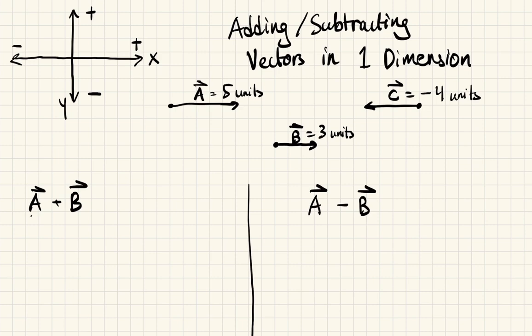Here I have written out the vector a plus the vector b, and the vectors are drawn up there, a, b, and c. Vector a and b both point to the right, and therefore they are both positive. So you can see vector a here, adding it to vector b. I've drawn it out according to the tip-to-tail method that I talked about in my last video.